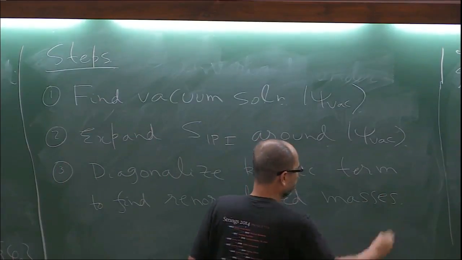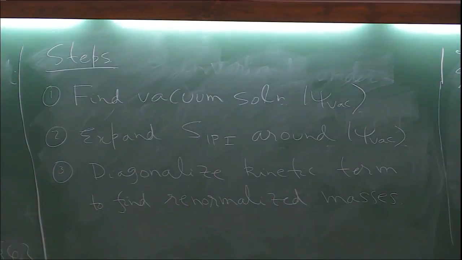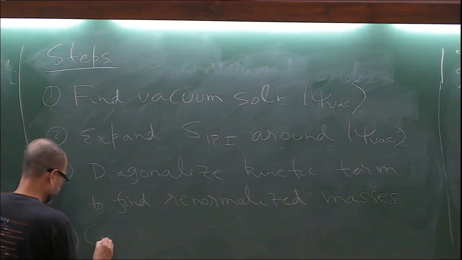Once you have the 1PI action, you don't worry about the loops anymore. Now you have the full 1PI action, you just diagonalize the kinetic term, that's what will give the full renormalized masses. No further quantum corrections to masses from there. Everything has already been included. And finally, we calculate the S matrix using LSZ.